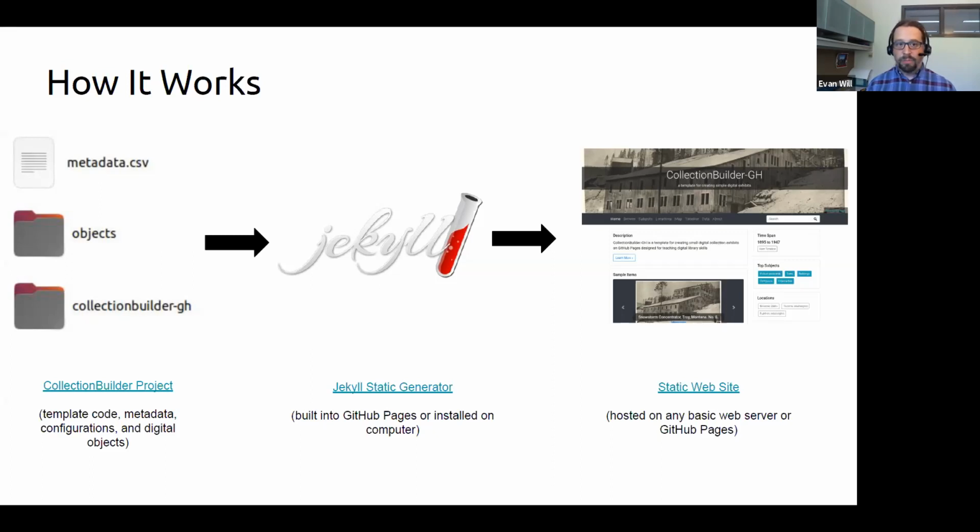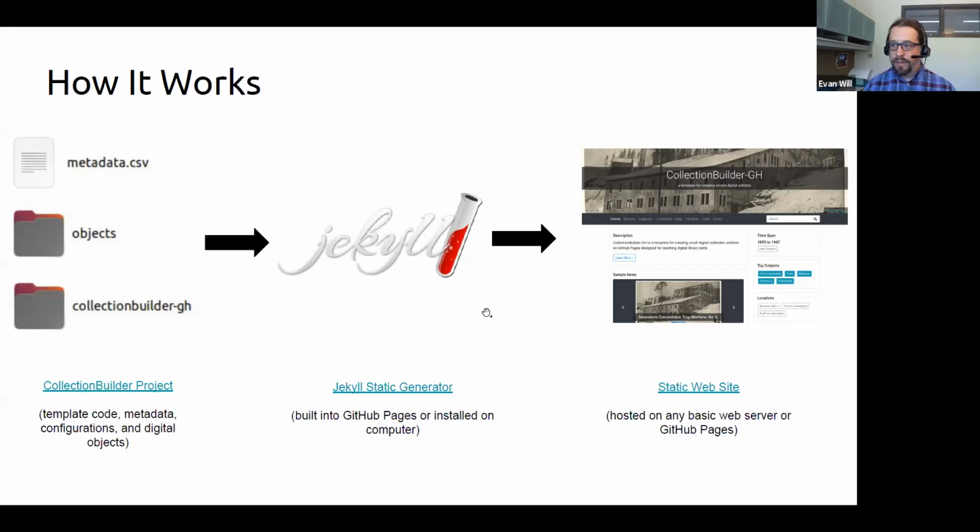And that consists of just modular chunks of HTML, liquid template files, and helpful development libraries such as Bootstrap 4. So when you're getting started, you can basically just completely ignore the template and just edit the basic configuration files, which are a couple CSVs and a type of file called a YAML file, which is pretty straightforward. And you just edit those to get the site set up and customized.